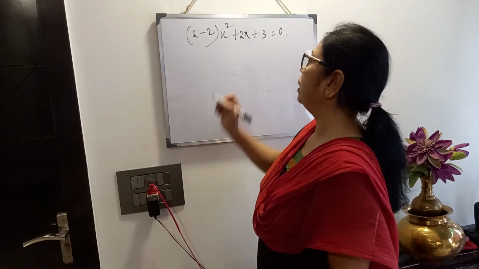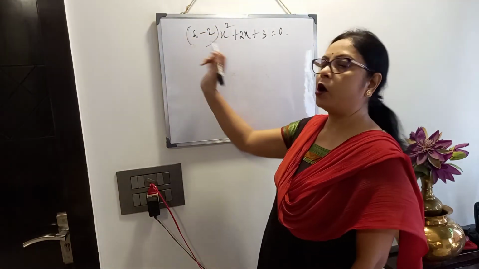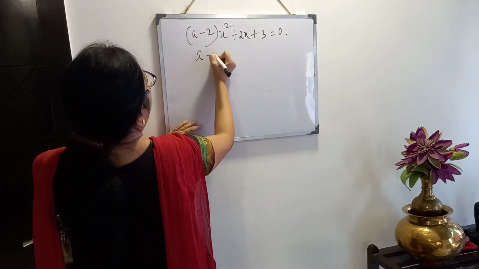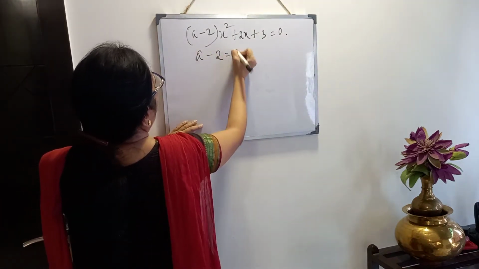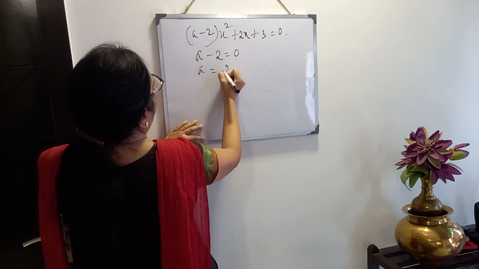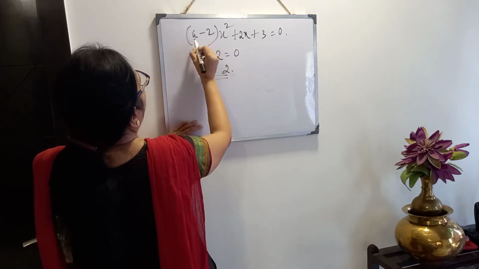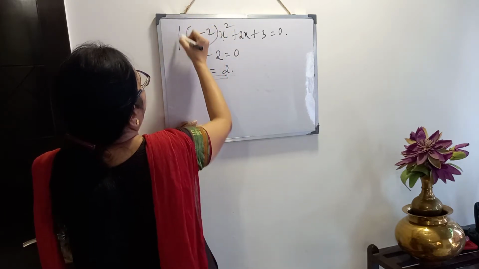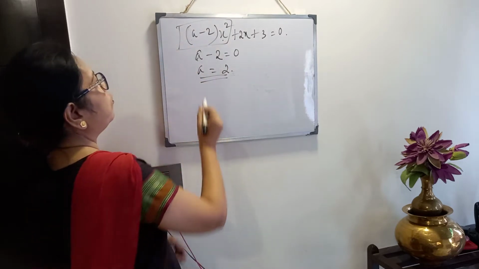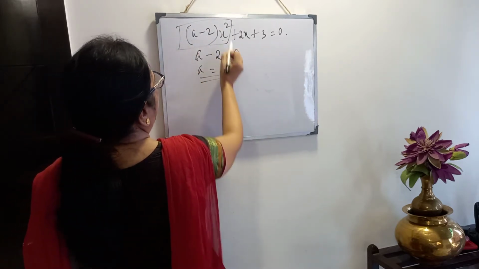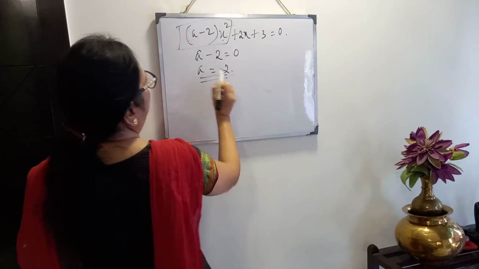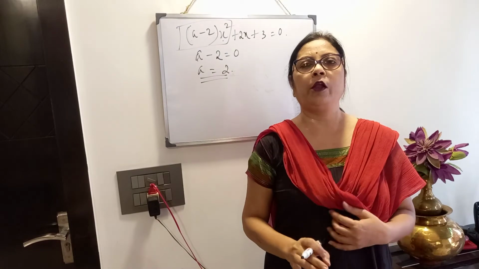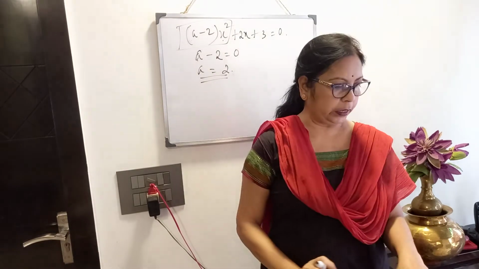Now what I have told, that this term should not be 0. So suppose a minus 2 equal to 0, then what will be the value of a? A will become 2. If I put here 2, 2 minus 2 is 0, so 0 into x square means 0. Then this term will vanish. So for the value of 2, it will not be a quadratic equation.